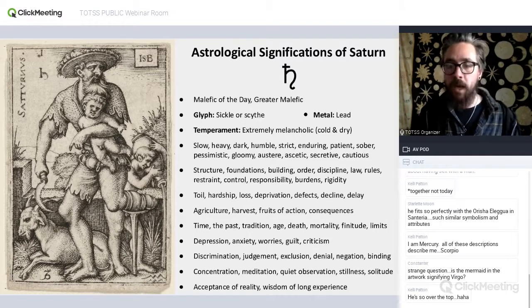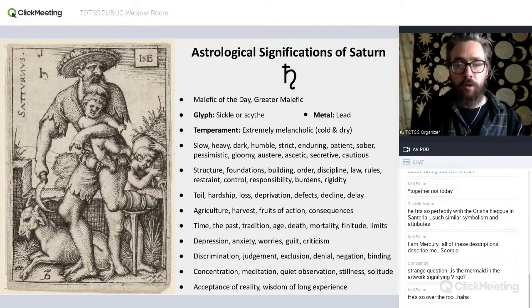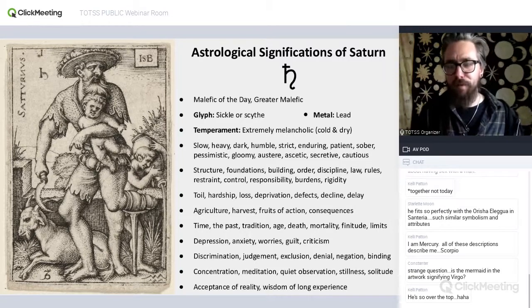So that's something you might think about if you suffer from depression, like me, or any of those sorts of issues. Again, there's no reason to be fearful about this. It's just that if those things are part of your life, Saturn might be a place to look, and figuring out how to better work with Saturn.